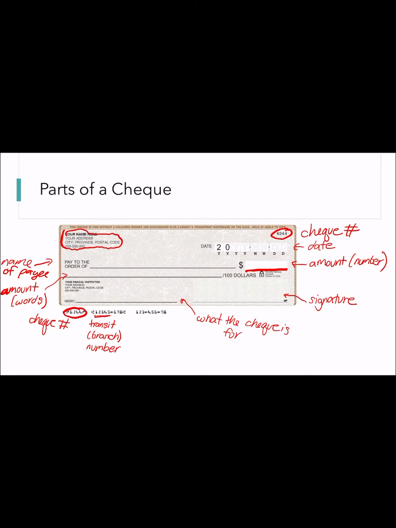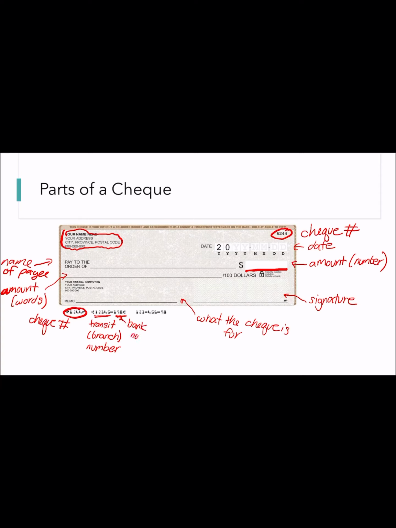So the branch number for my Scotiabank in small town Nova Scotia, it's like 604 something. So every specific bank has their own number. Okay, this here is the bank number.